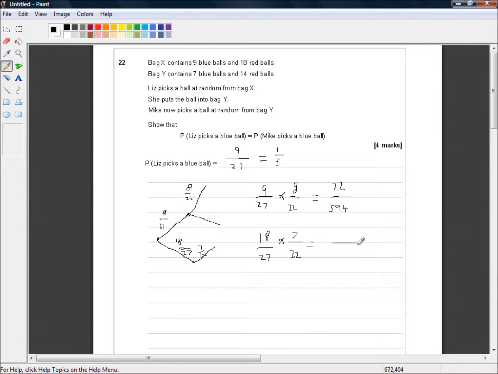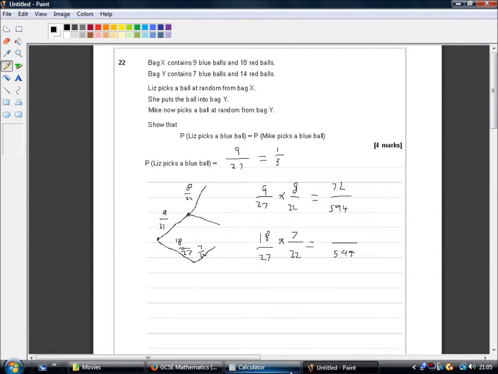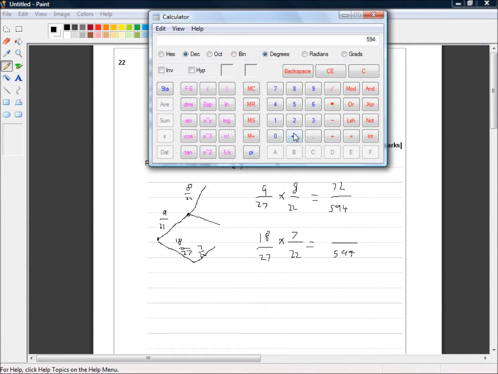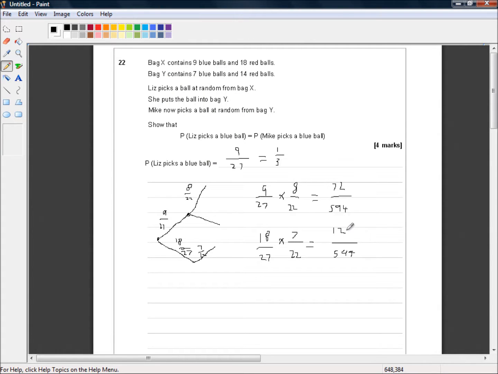Well, we know it's going to be over 594 because we've already done that calculation. And now it's just 18 times 7, which is 126.